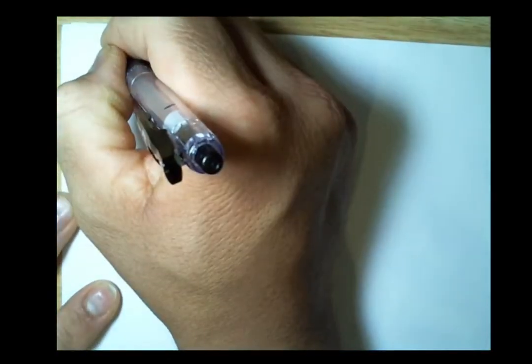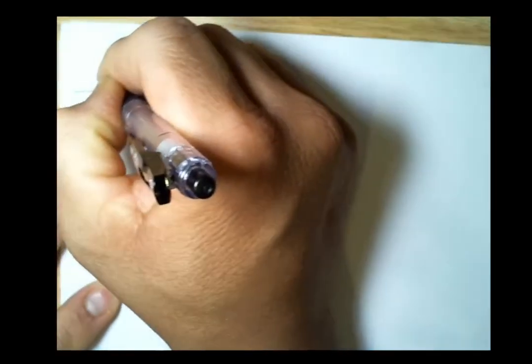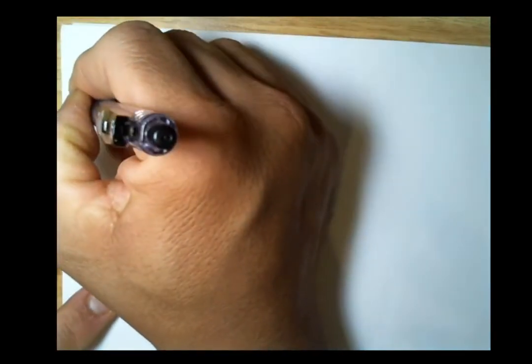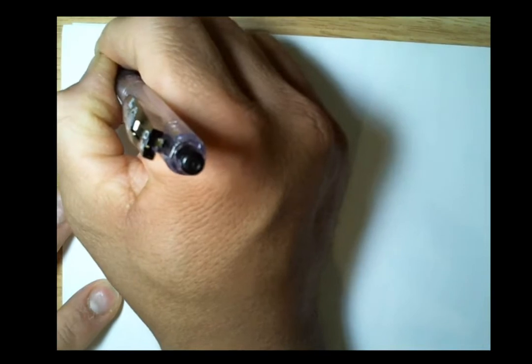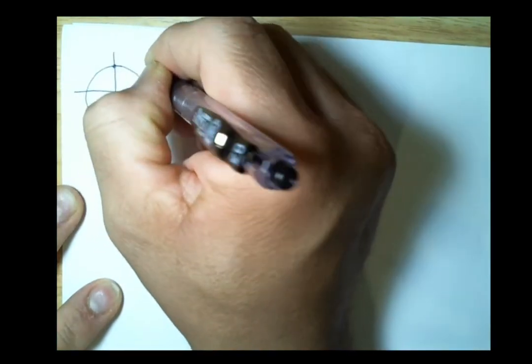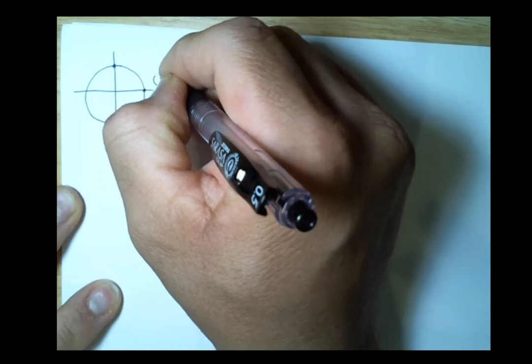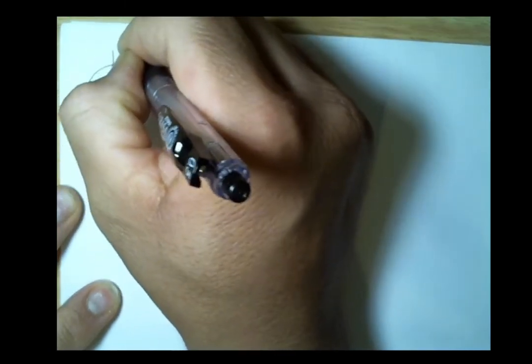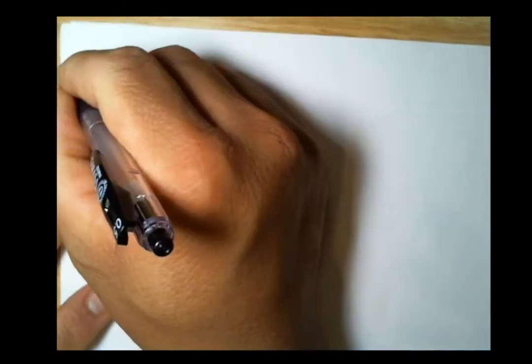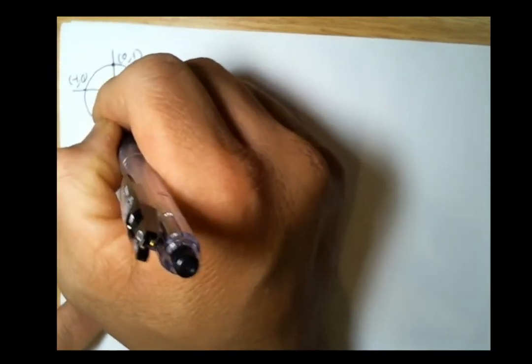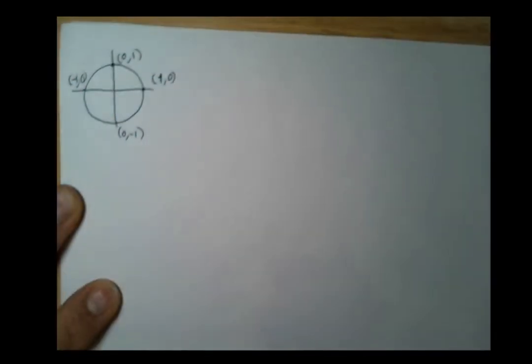Okay. So now let's take a look at the cotangent. I'll start off again looking at my unit circle. So we've got 1, 0, 0, 1, negative 1, 0, and then 0, negative 1.